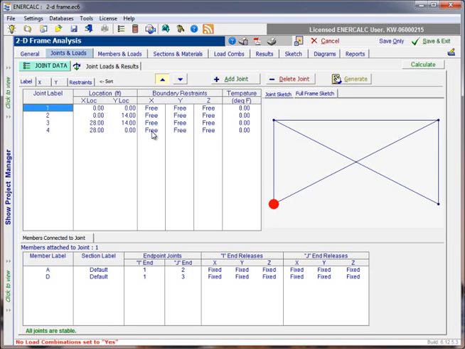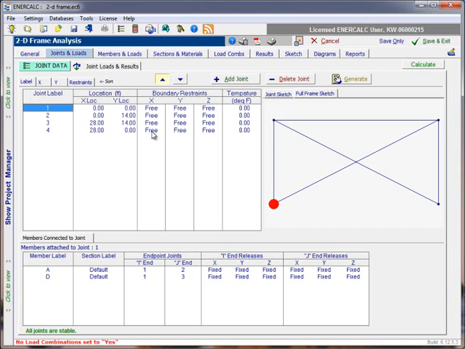When working with boundary restraints and member end conditions, we need to think of basically two things. One, we have a desire to model this structure in a way that we feel best represents the physical response that the structure will exhibit when it's subjected to the loads that we're about to apply to it.